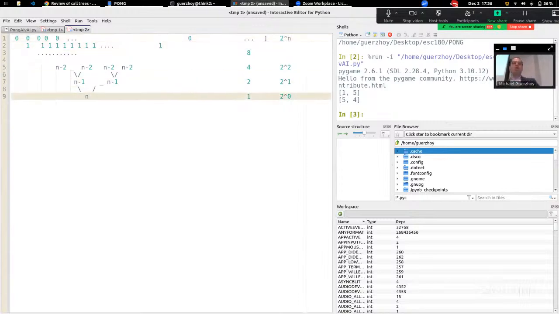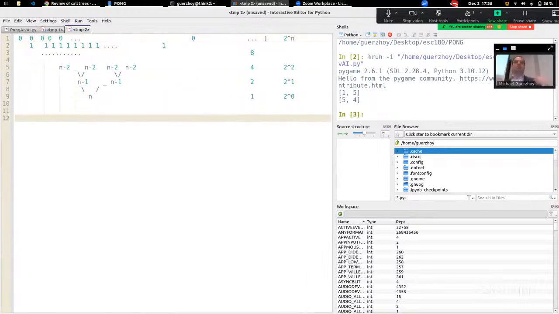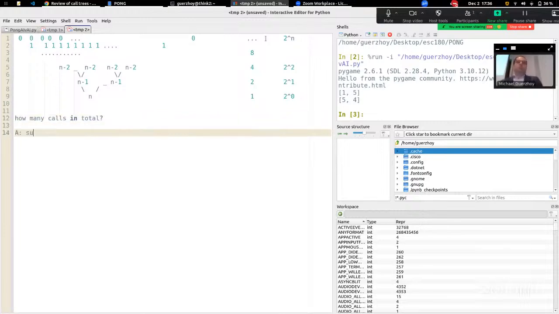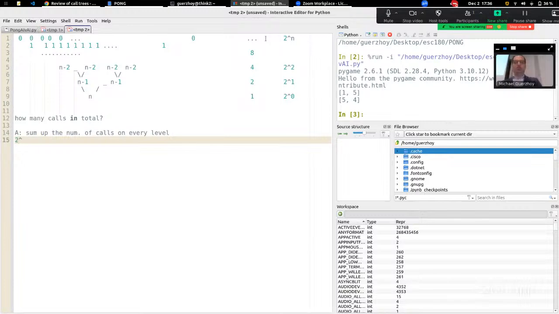Now what I've got to ask is how many calls in total? Well, sum up the number of calls on every level. So that's going to be 2 to the 0 plus 2 to the 1 plus 2 to the 2 plus ... plus 2 to the n. And this is the other formula, in addition to the arithmetic series, that I want you to memorize.